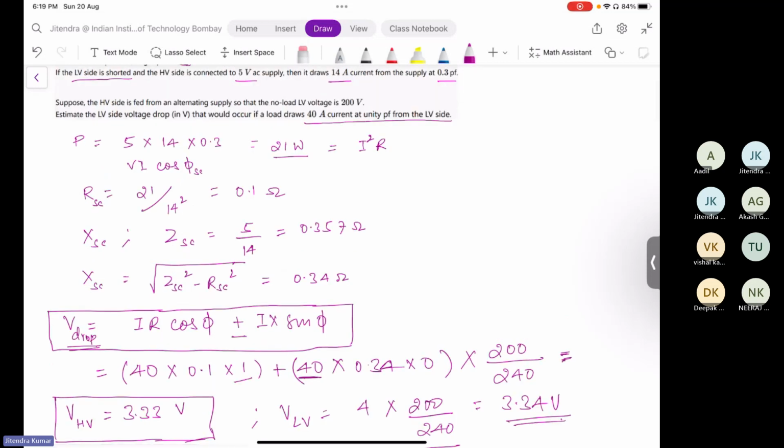Since in the question we are asked to compute LV side voltage drop, we are concerned with drop only.